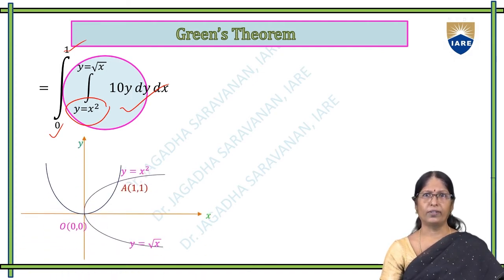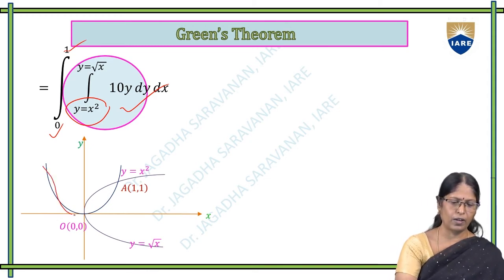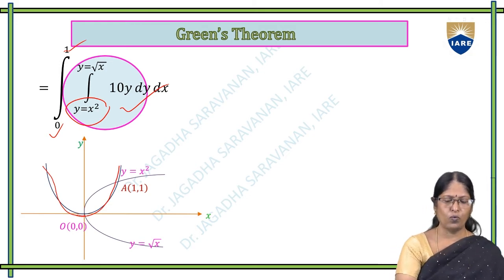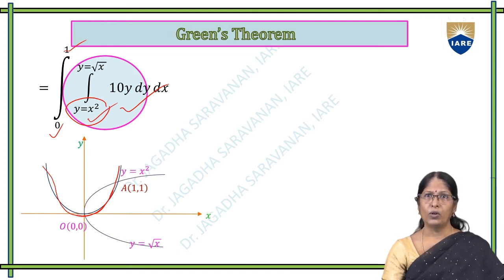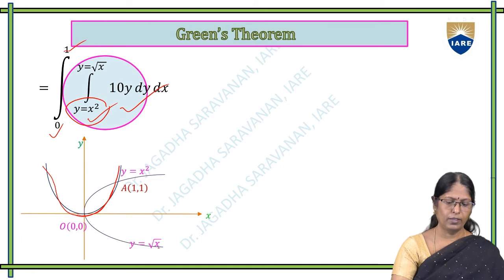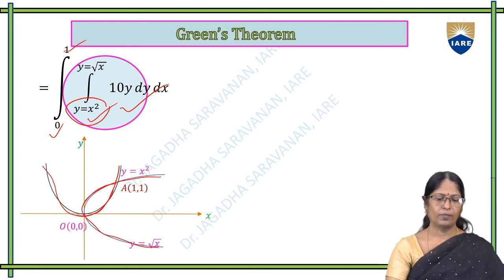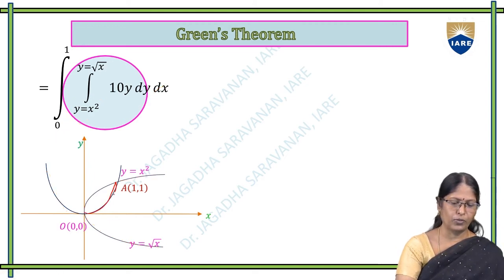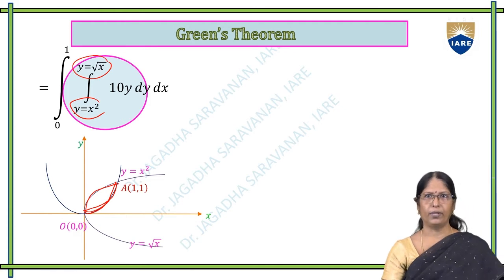Here this is the curve y equal to root x, and this parabola curve is in the upper position, so it is the upper limit, and this one is in the lower position, so it is the lower limit.